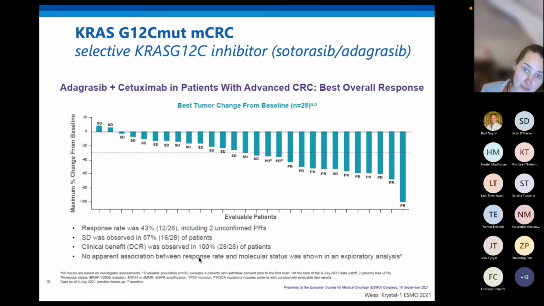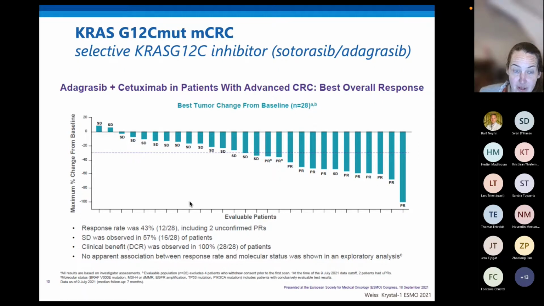When you combine it with cetuximab, then you can see that all patients had clinical benefit. So all patients had either stable disease or a partial response, and a response rate of 43%. So nearly half of these patients, of these refractory patients, had a partial response. So it's quite impressive.